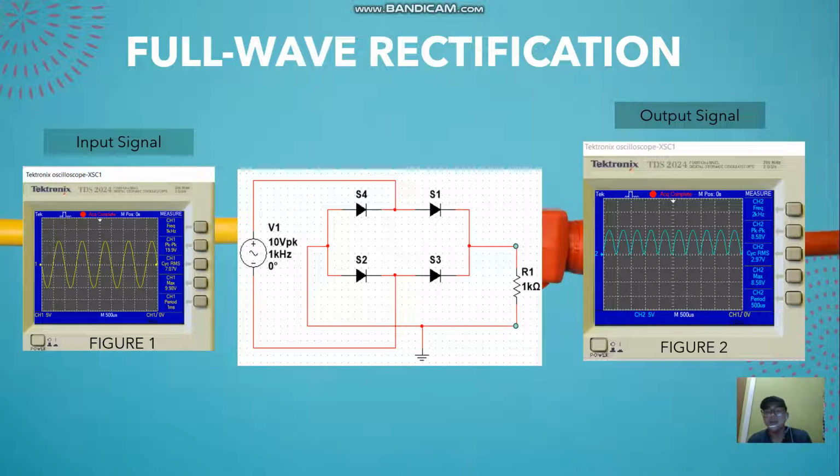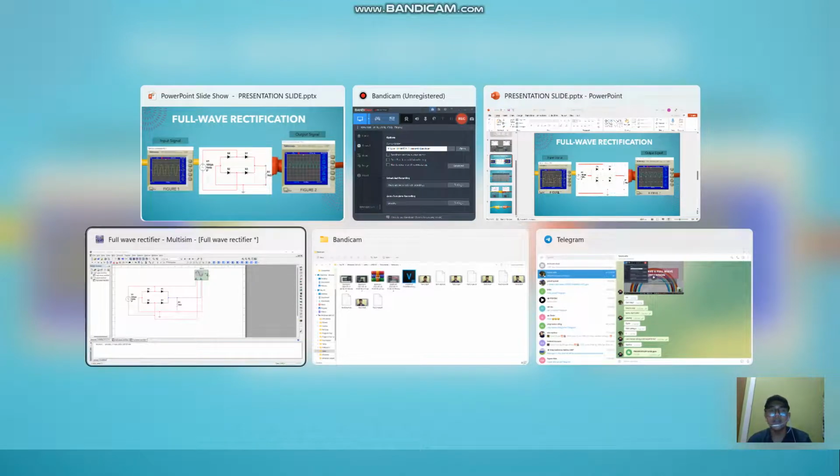Here, as you can see in figure 2, the waveform on both the positive and negative cycles produces a positive waveform with a value of V maximum positive. Let's seek the truth of this knowledge through the simulation.